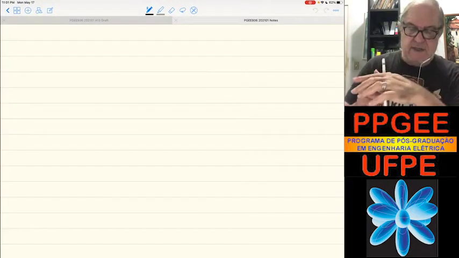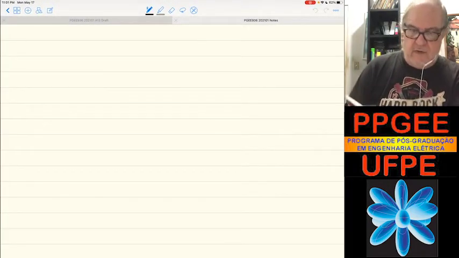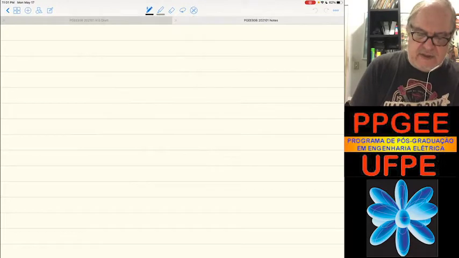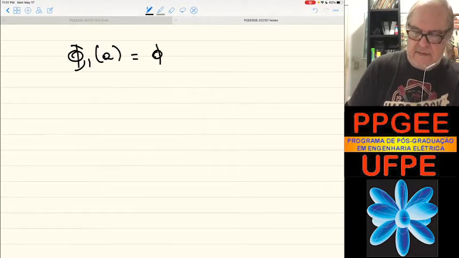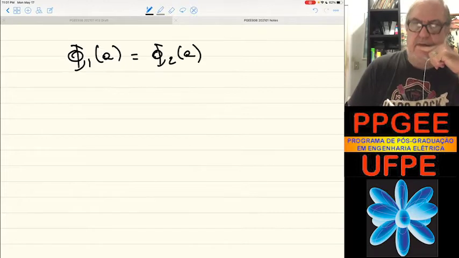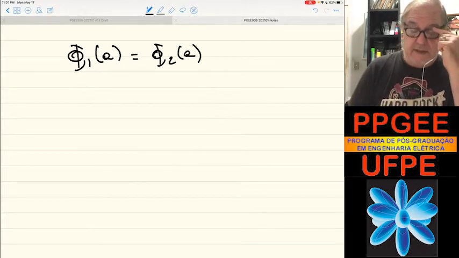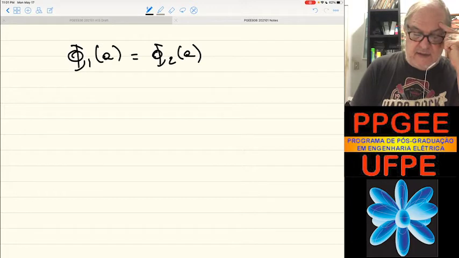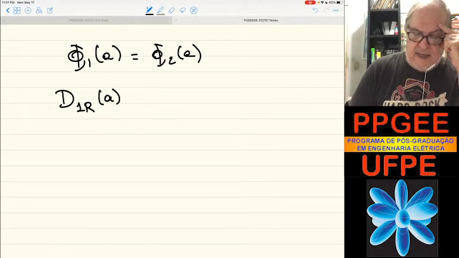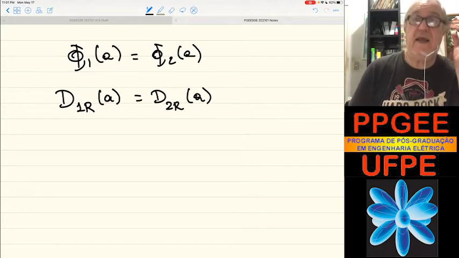So the boundary conditions, we recall that one is the continuity of the potential. So we can use expressions. The other one is that normal D1, radial component at r equals a, equals D2 at r equals a.